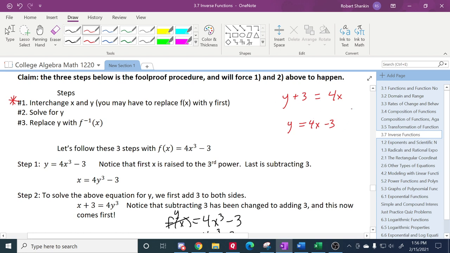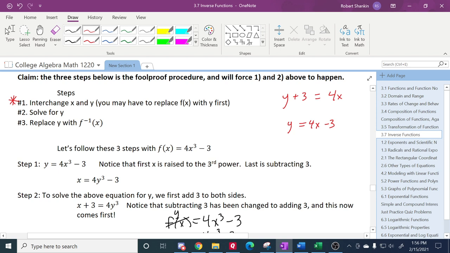If you make a table for this function, you make a table for this function, you're going to get exactly the same table. When you're solving for y, it doesn't really change anything about the equation. It just changes the way the equation looks. But this is what we call equivalent to this. The graph of this will be identical to the graph of this.